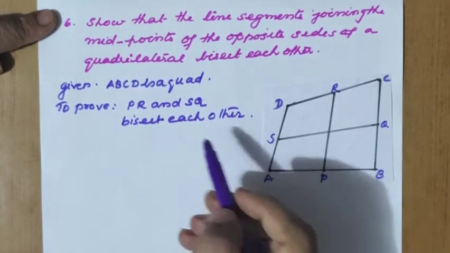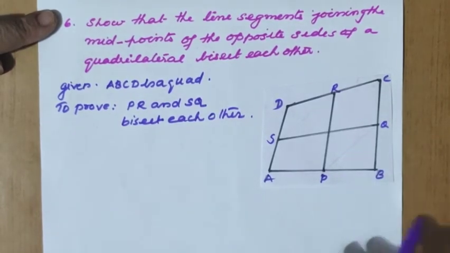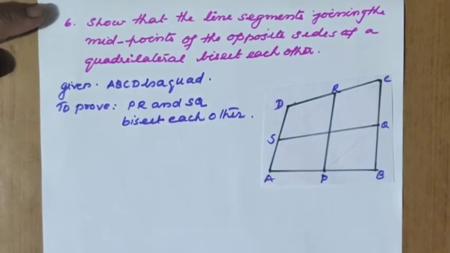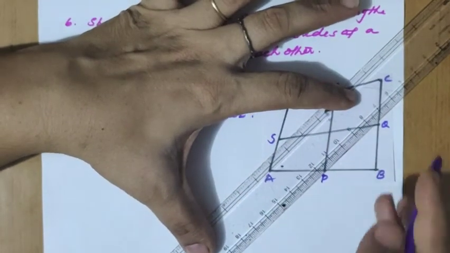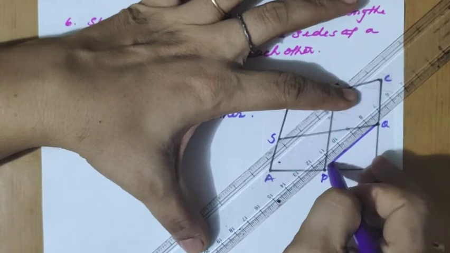What do we have to prove here? PR and SQ bisect each other. So what we will do is join PQ, QR, RS, SP. This is the construction for us.